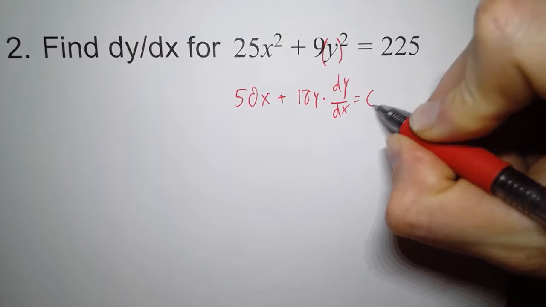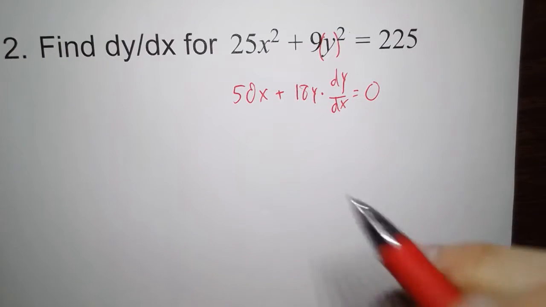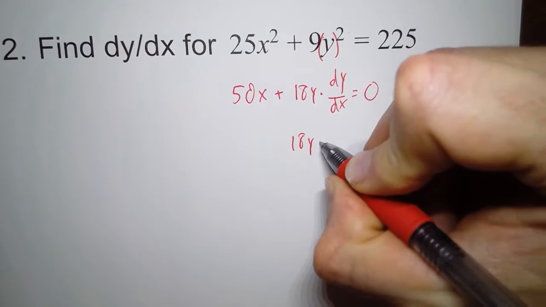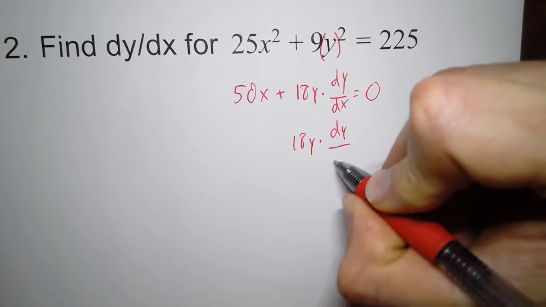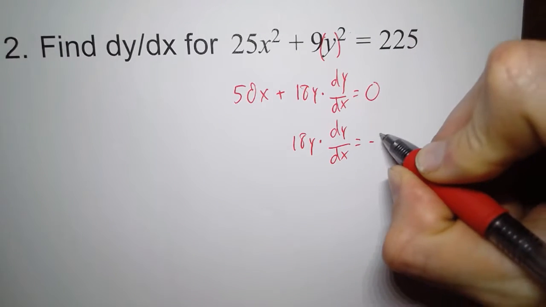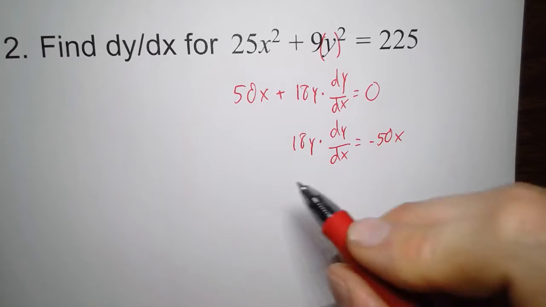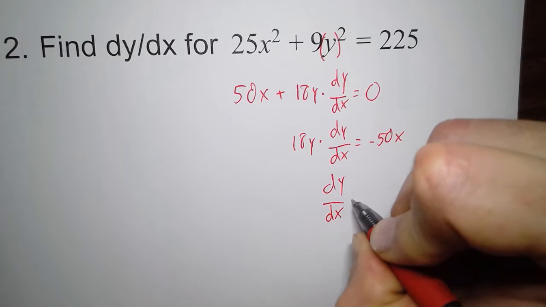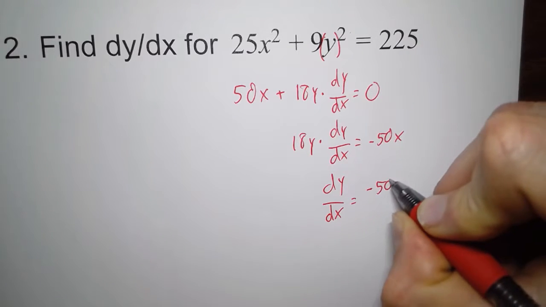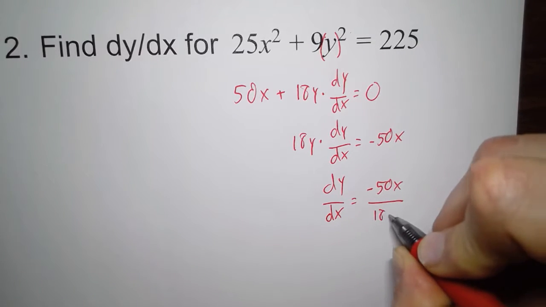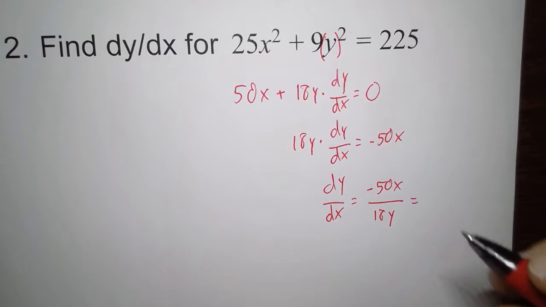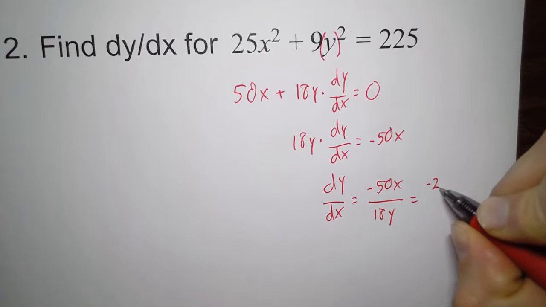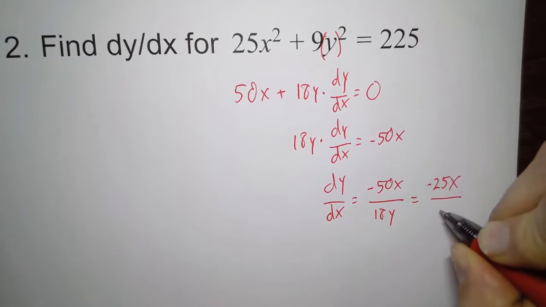The derivative of any constant is equal to 0. Now we'll subtract the 50x, leaving 18y dy/dx equals negative 50x, and we'll divide by 18y. dy/dx equals negative 50x over 18y, and we can simplify that, canceling out a 2 from both, to negative 25x over 9y.